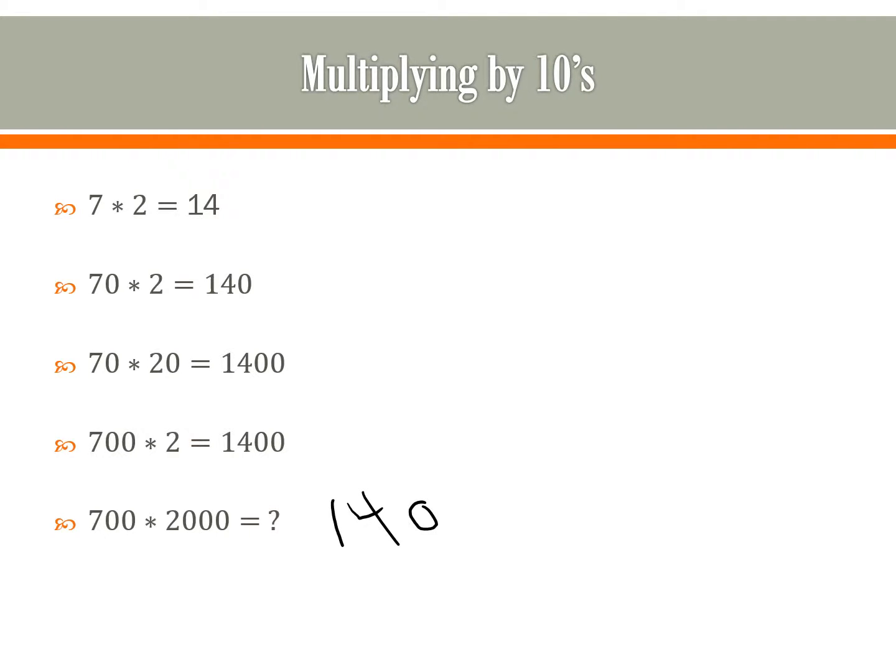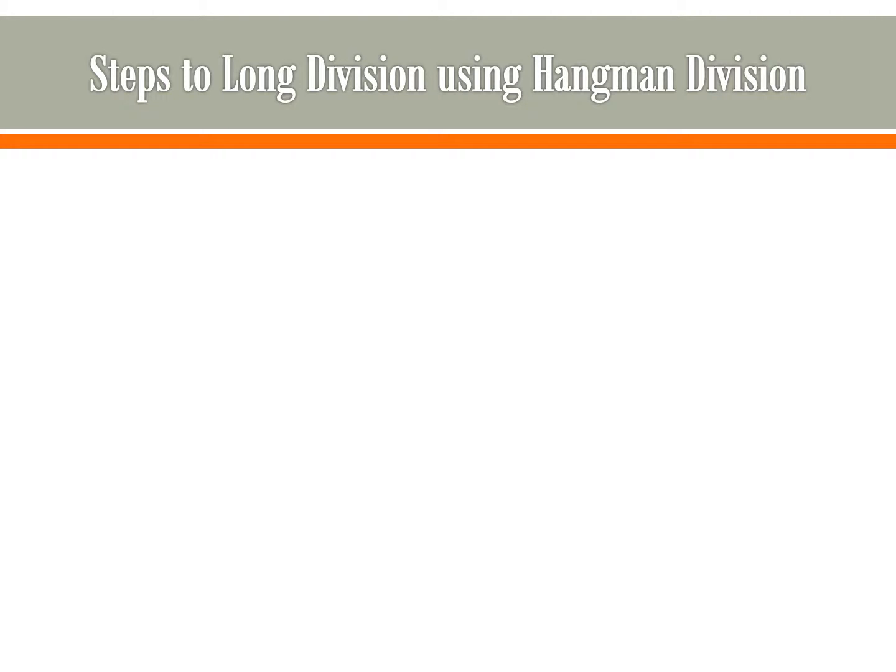So we put in 5 zeros and end up getting 1,400,000. What I want you to understand is that when we multiply by a number and add a 0 onto the end of it, all we're doing to the answer is adding a 0 onto the end of that.